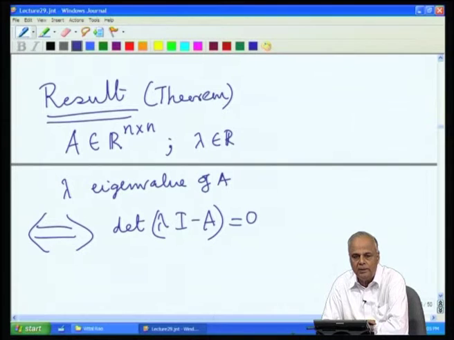What is the characterization? It has to make the determinant of lambda I minus A equal to 0. So, we do not have to search all over the place for this eigenvalue. In this infinite world of real numbers, we have to look for those values which make the determinant 0.